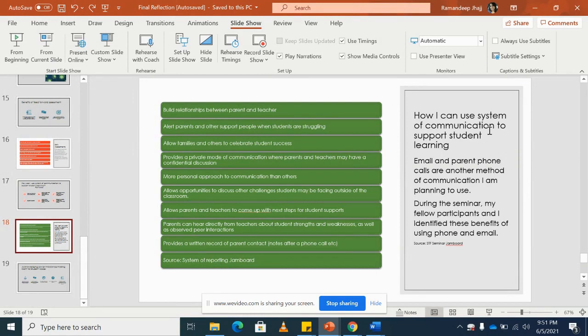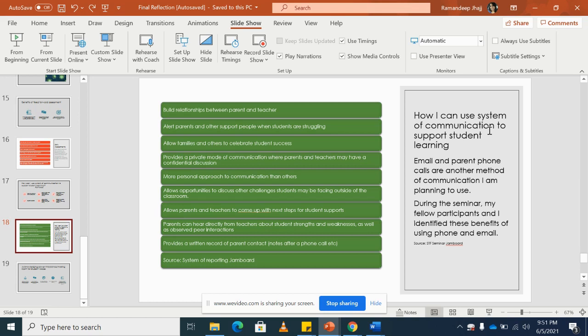Email and parent phone calls are another method of communication I'm planning to use, and this is a method that I have been using before as well. During the seminar, my fellow participants and I identified these benefits of using phone and email.